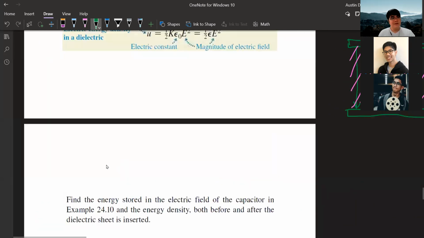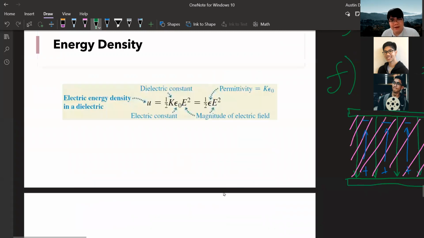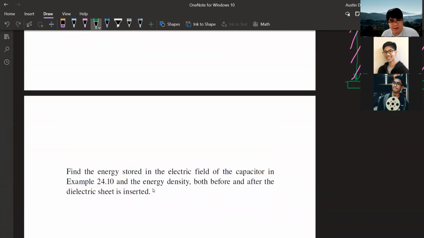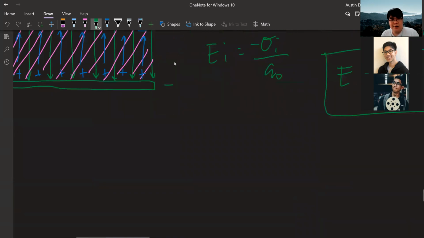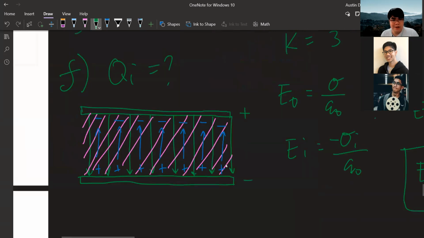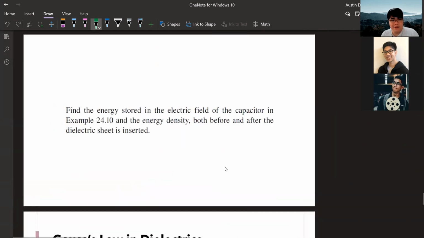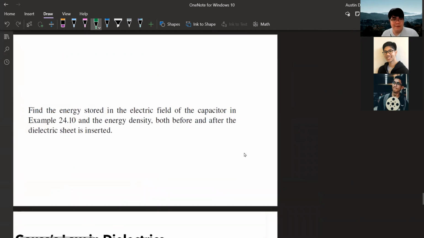Okay, so find the energy stored in the electric field of the capacitor in the previous example and the energy density both before and after the dielectric sheet is inserted. So yung previous example lang natin. We're just gonna grab the results that we have answered.